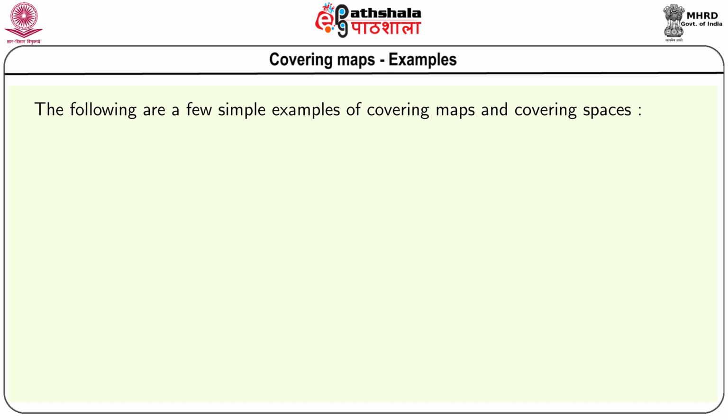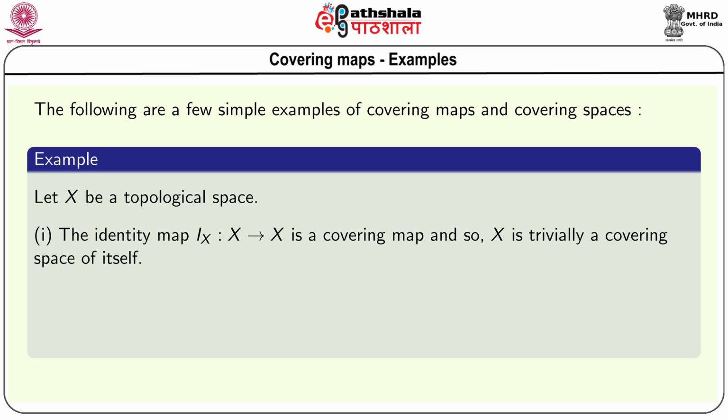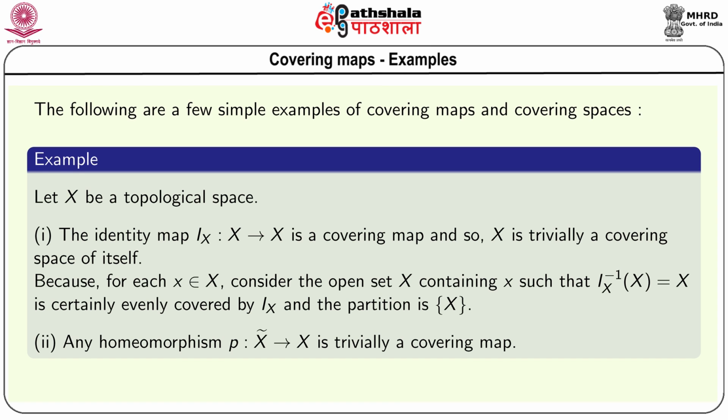Now, we discuss a few simple examples of covering maps and covering spaces. Let X be a topological space. The identity map I_X is a covering map, and so X is trivially a covering space of itself. This is because if I take any point x from capital X, then capital X itself is an open set containing the point x such that its inverse image under the map I is X itself, and the partition is the singleton containing the space X. Any homeomorphism P from X tilde to X is similarly a covering map.